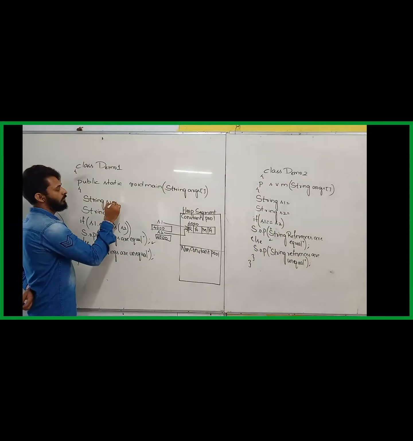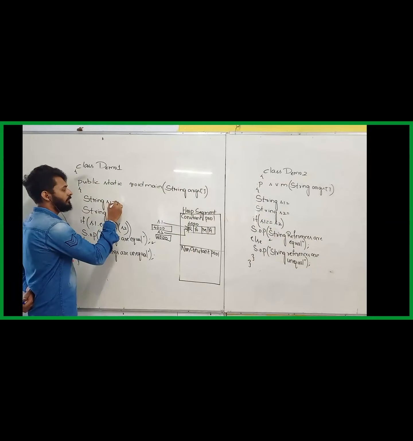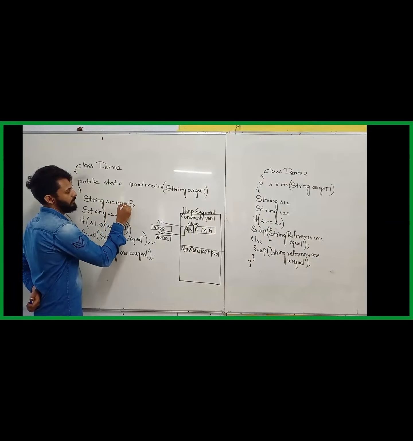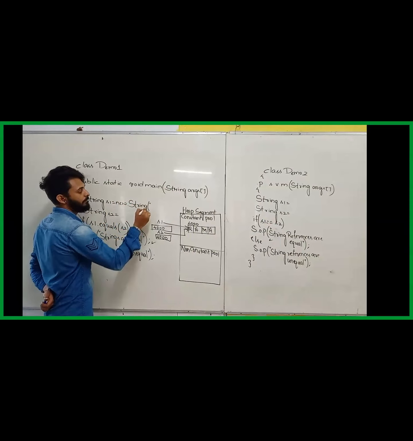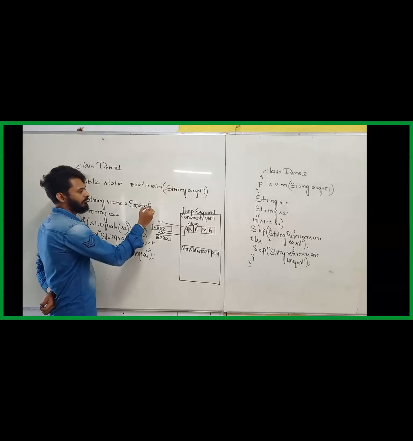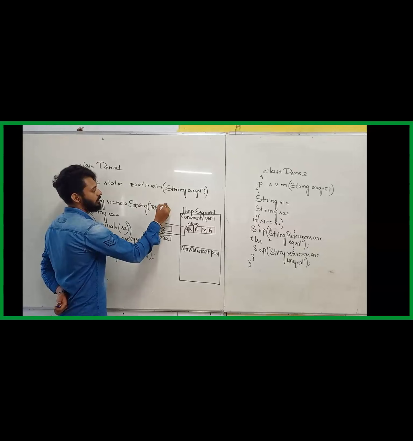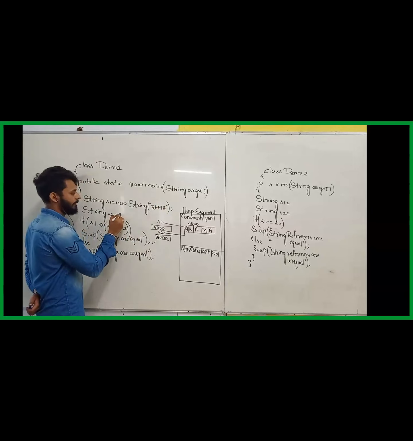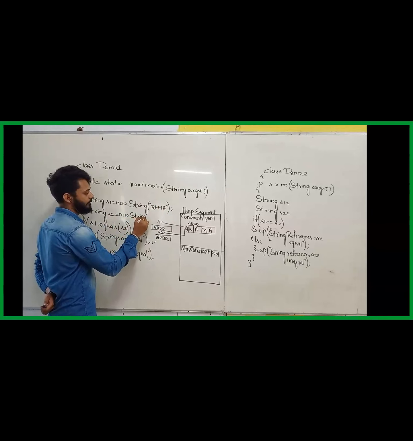Here, to create an immutable string using the new keyword, I have to use new String of whatever value you want to pass. What value do I want to pass? The same value without any changes.